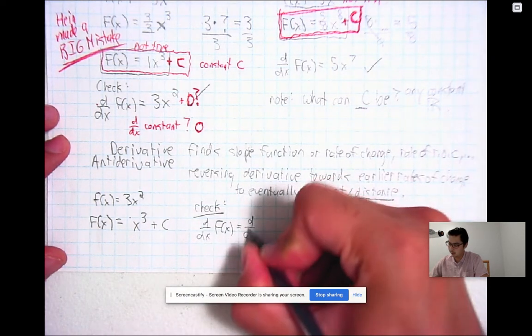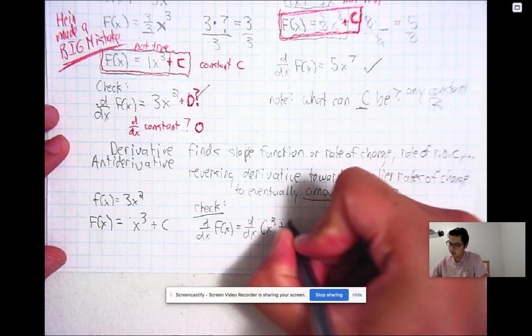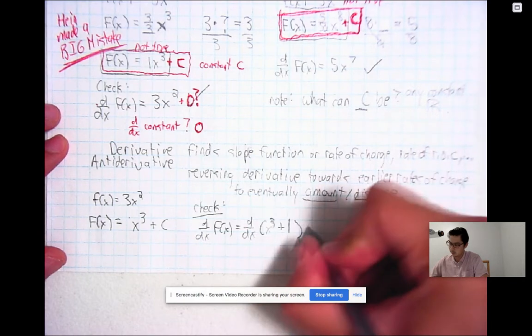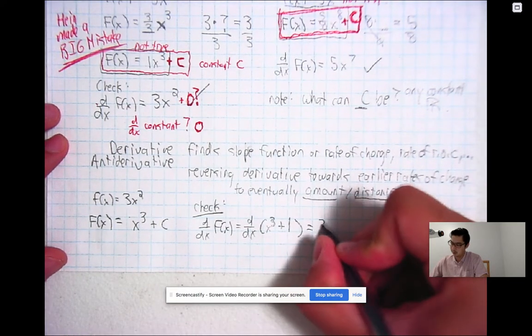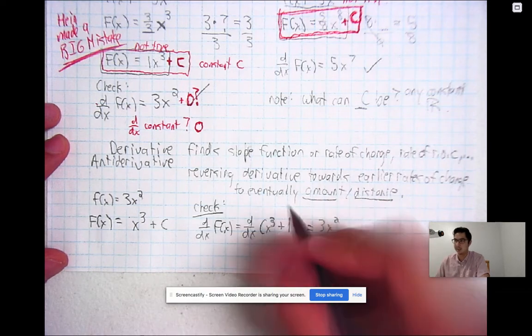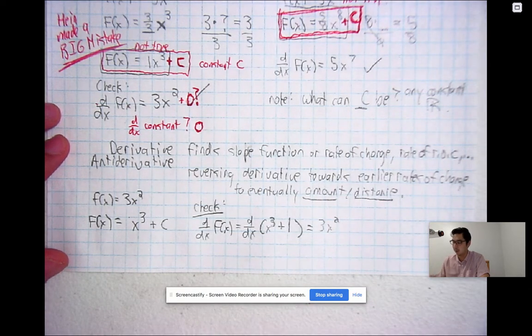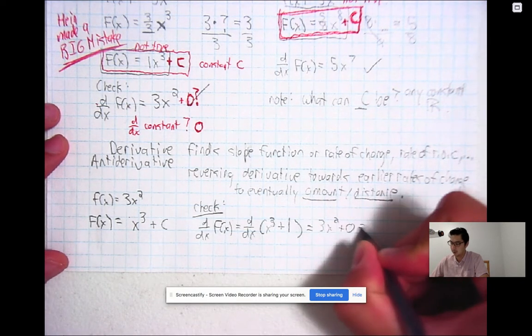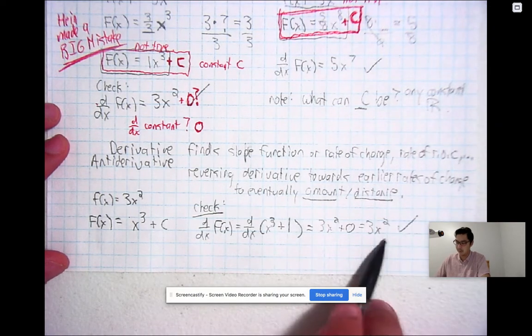So the derivative of x to the third plus 1. Well, notice the derivative of x to the third would be 3x squared. Well, what's the derivative of 1? Remember that the derivative of any constant, that rate's not changing. They're staying at 1. So that's plus 0, which is 3x squared, which is the function we originally had.